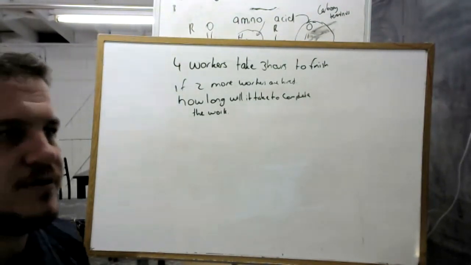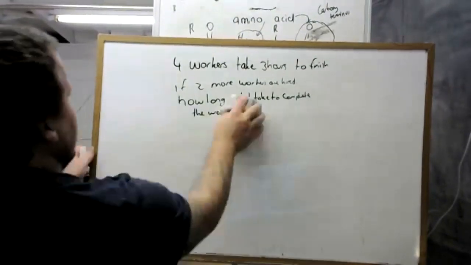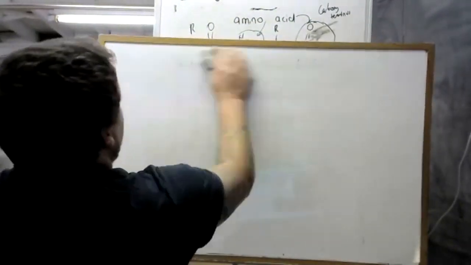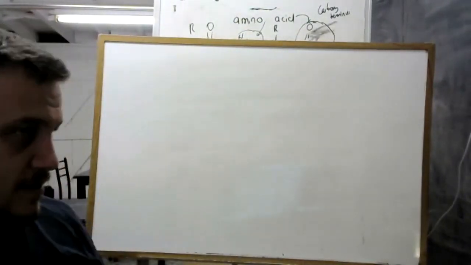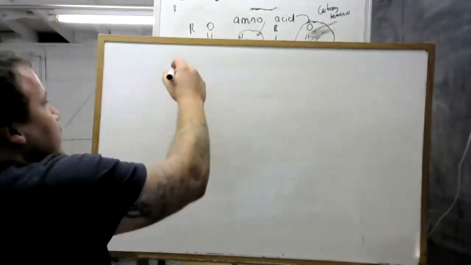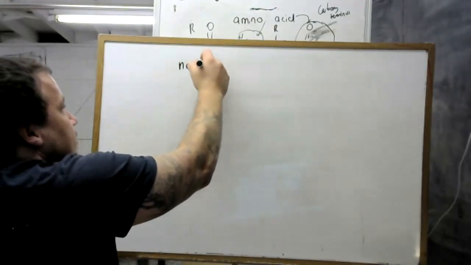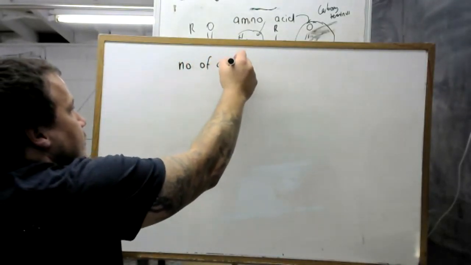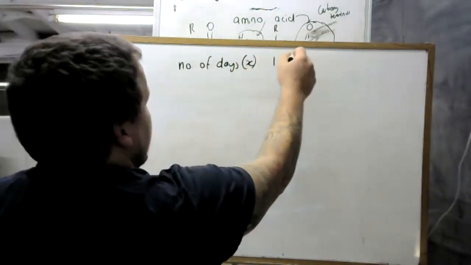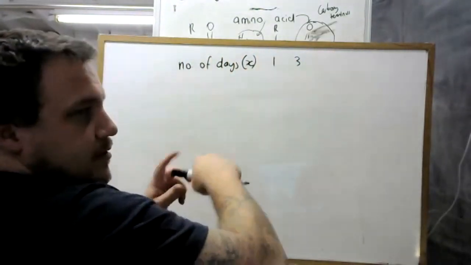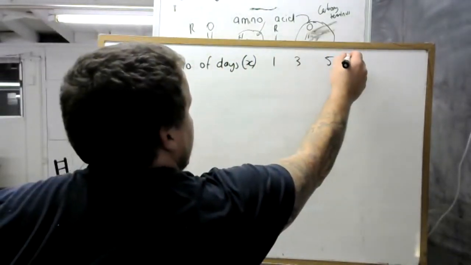Okay, we'll do a little bit more work on identifying proportionality, because in order to answer that question, we need to be able to identify it. So number of days, X, so let's call it 1, 3, 5, 6.